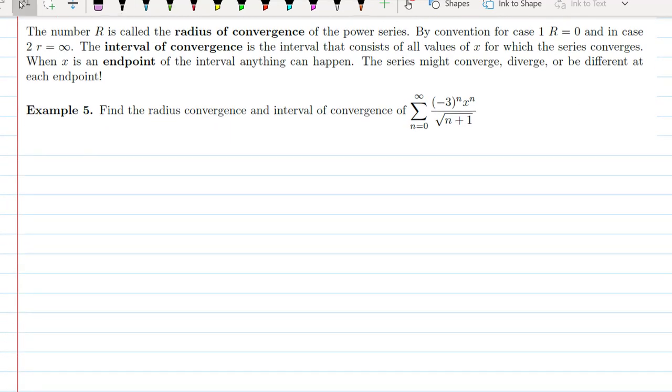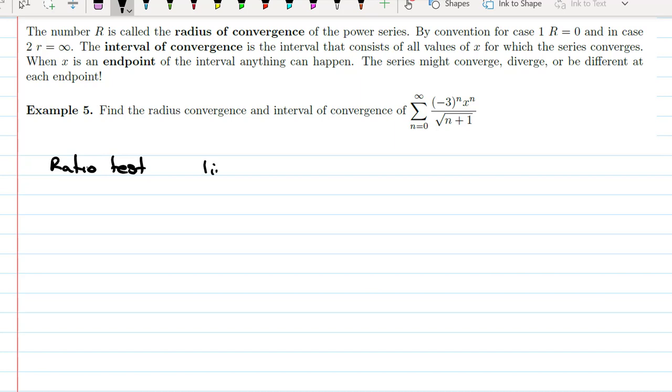So find the radius of convergence and the interval of convergence for the series, sum from n equals 0 to infinity of (negative 3)^n x^n over the square root of n plus 1. So we need to determine if this converges or diverges. So let's use the ratio test.